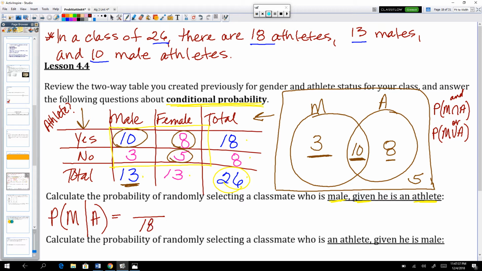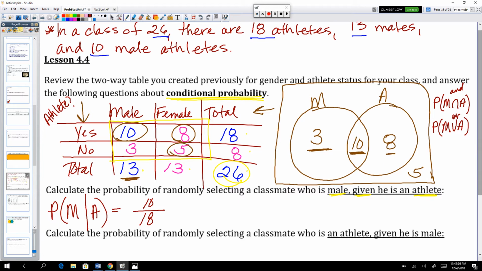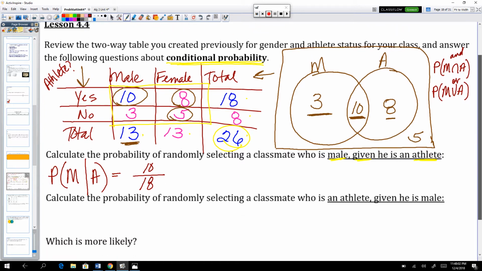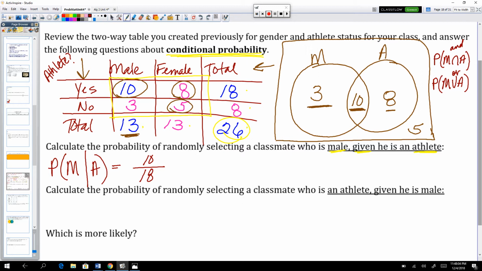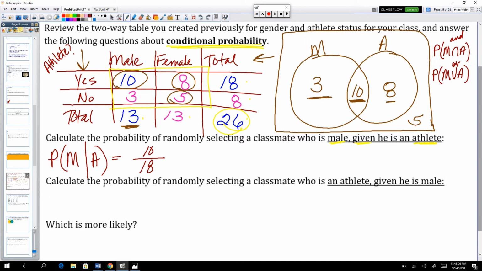So given he's an athlete, I'm looking at 18 people total, and within those 18 people, 10 of them are male. That's how you calculate the probability of selecting a classmate who is male, given you're only looking at the athletes. That's about 55% in decimal form.